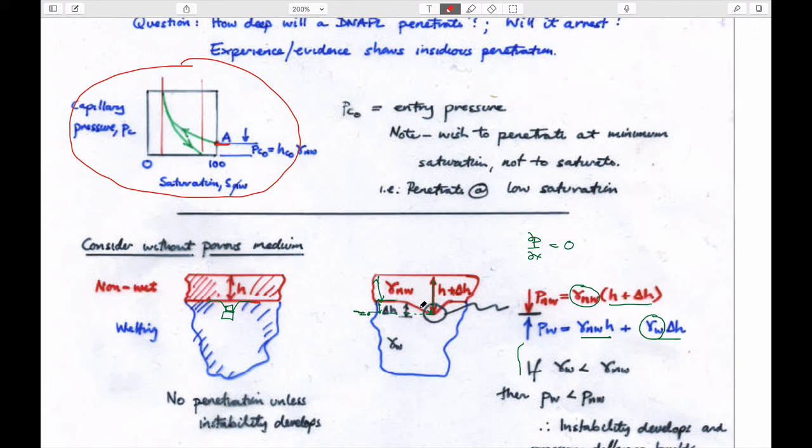It only has to be a tiny difference. Here, the pressure difference that we have to get between the two fluids has to be more than just an infinitesimal amount. It has to be a finite magnitude. And that finite magnitude has to be PC0 before anything happens, because you've got the porous medium resisting it. In the swimming pool you don't have that, but in the porous medium you do.